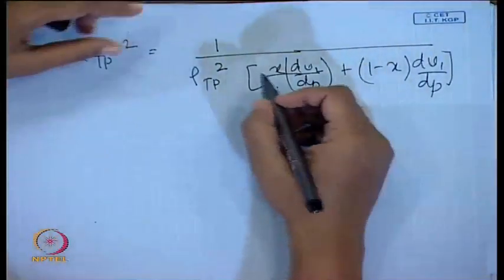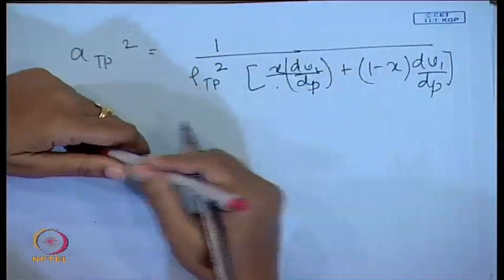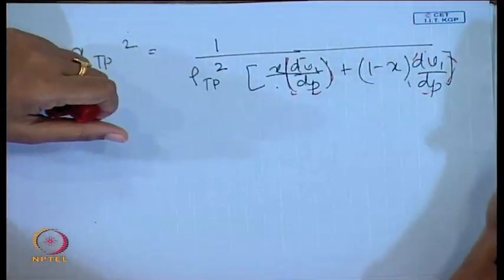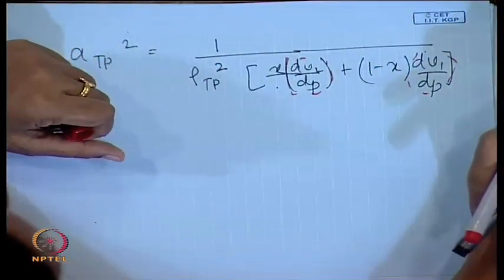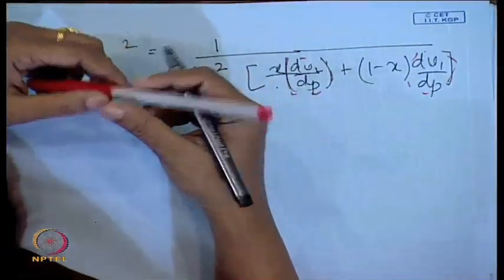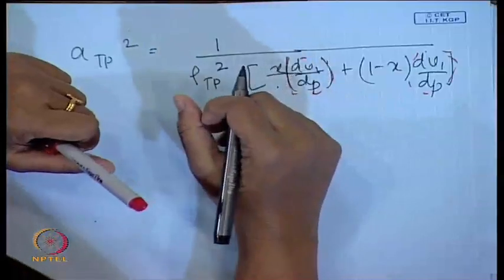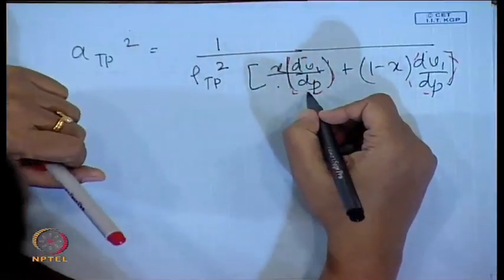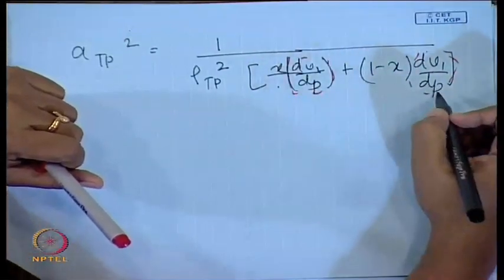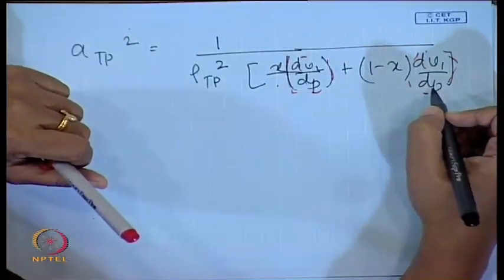Agreed? Now, what about these terms, this dV2/dP and dV1/dP? We have already derived dV/dP, the same form should come. So, these should signify the velocity or the acoustic velocity in fluid 1 and fluid 2 under these pseudo homogeneous conditions.